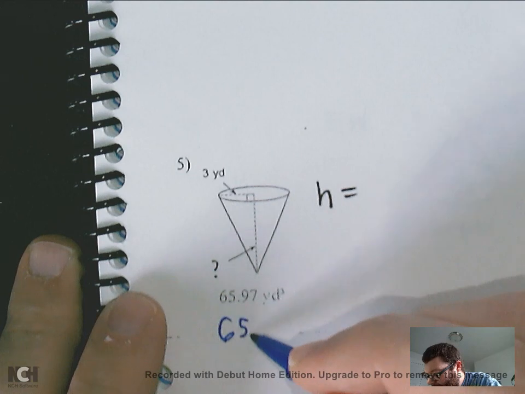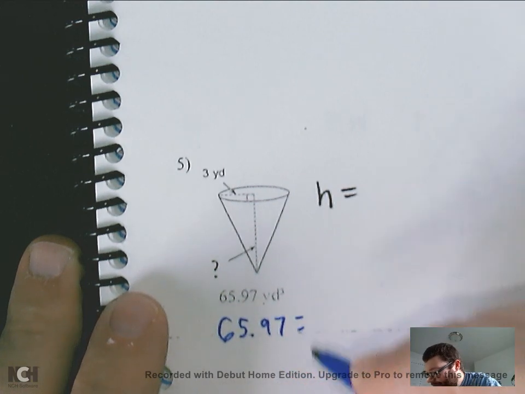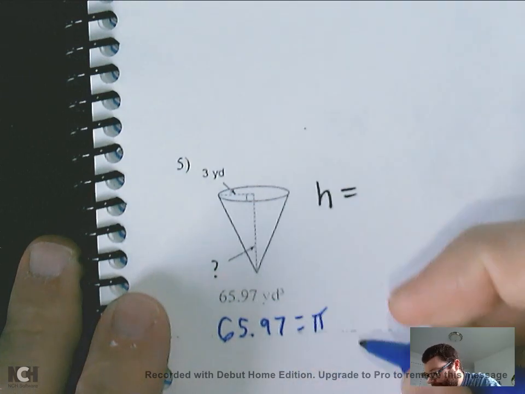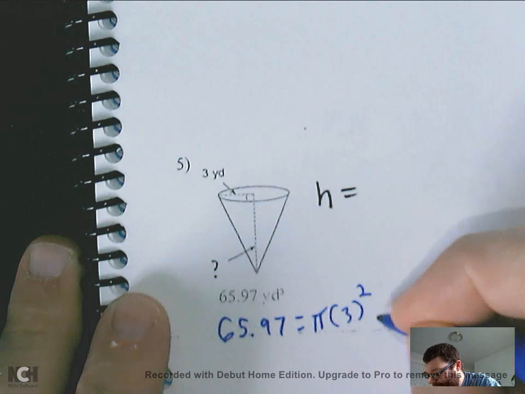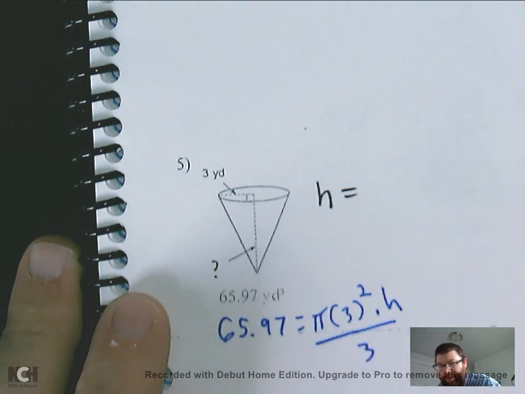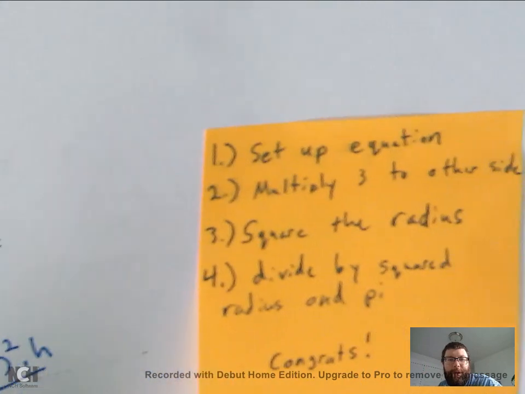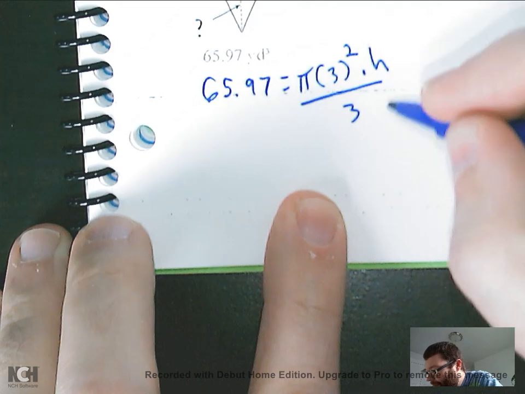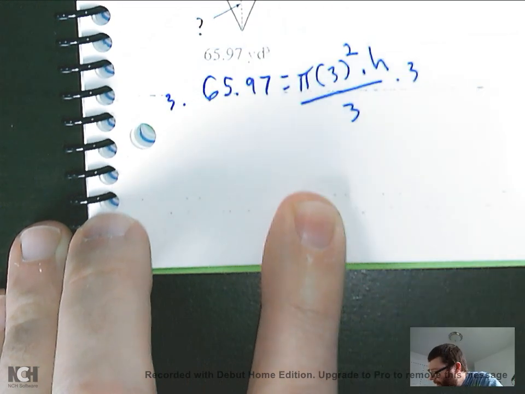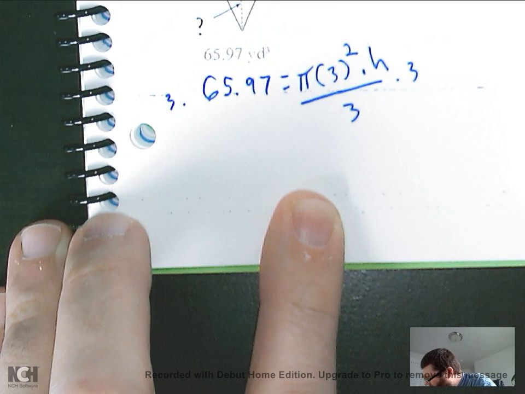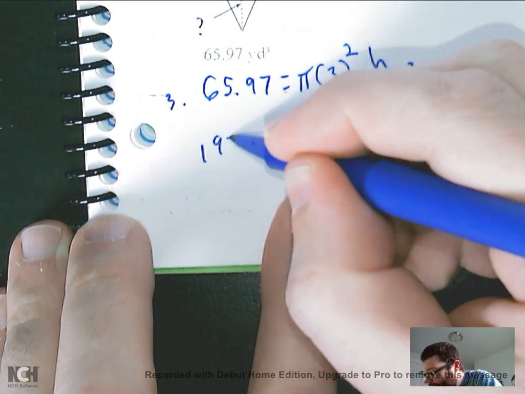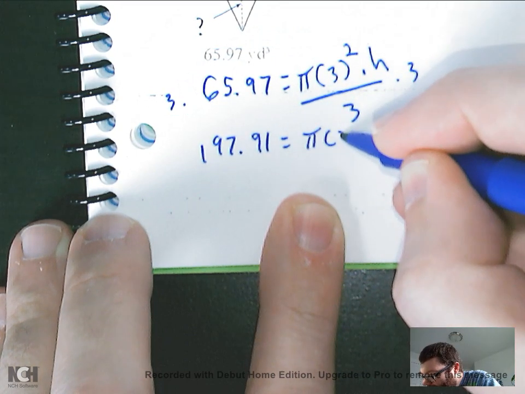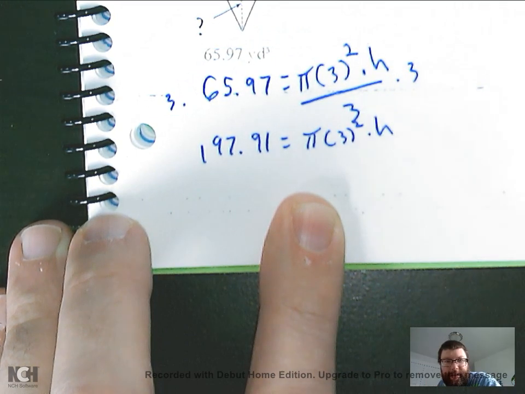So 65.97 is going to equal pi times the radius, so times 3 squared, times the height, all over 3. Then once you have set up your equation, you're going to multiply each side by 3. So I start by multiplying each side by 3, and 65.97 times 3 is 197.91, and that should equal pi times 3 squared times the height.